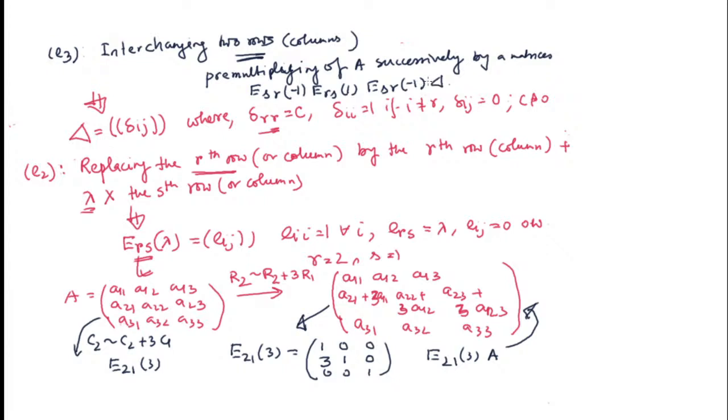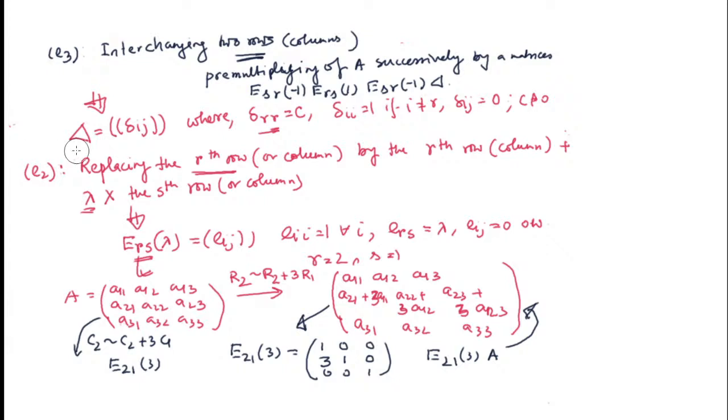So suppose you interchange Rth and Sth row, this is nothing but pre-multiplying by these matrices successively.